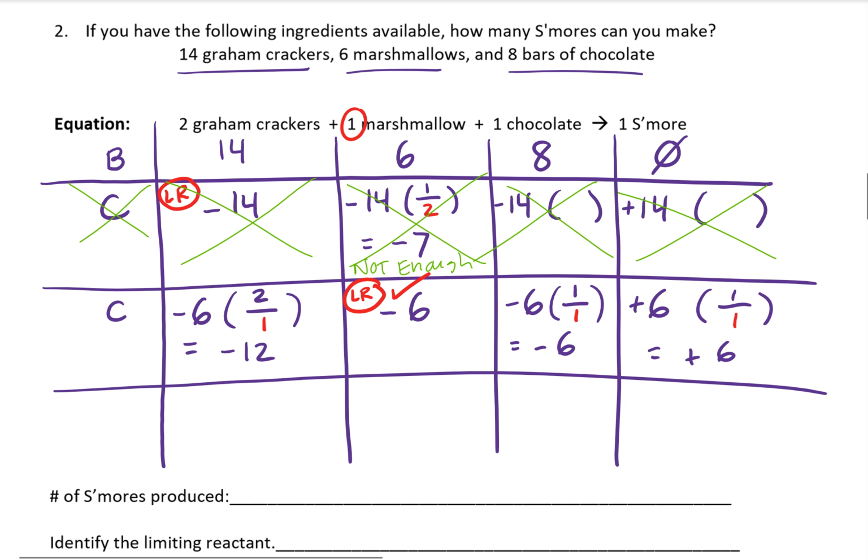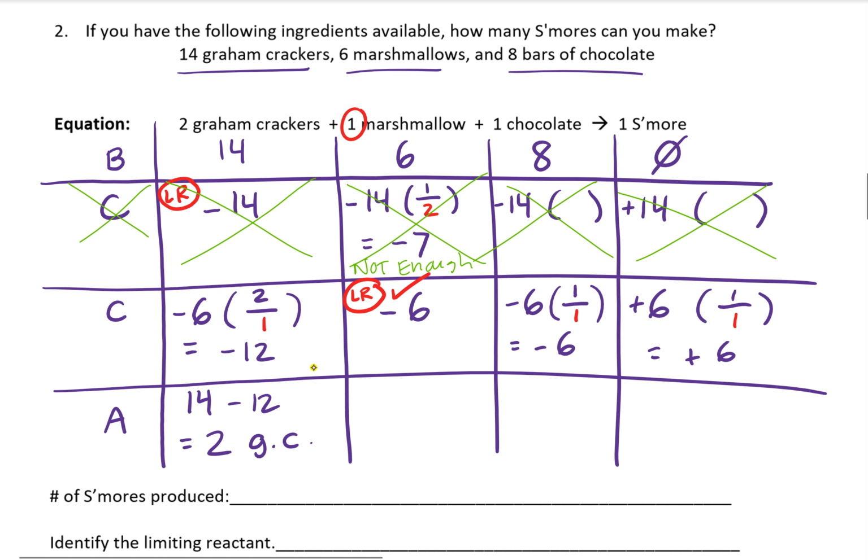So that after row is a combination of the before and the change row. Graham crackers start at 14. We use 12 graham crackers. So at the very end of the reaction, 14 minus 12, there should be 2 graham crackers left over.